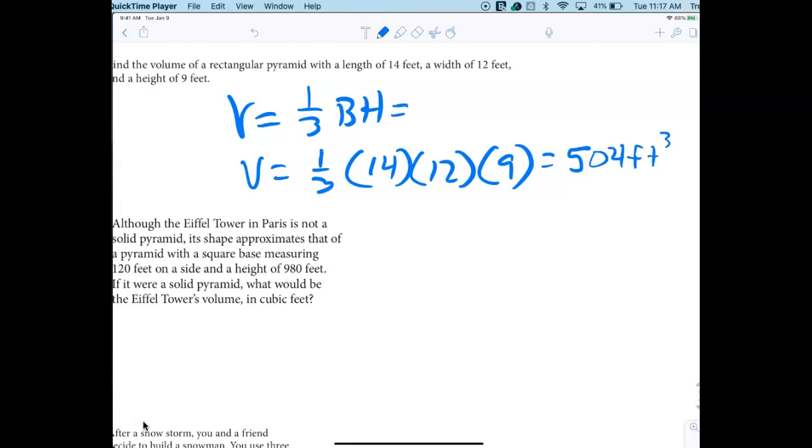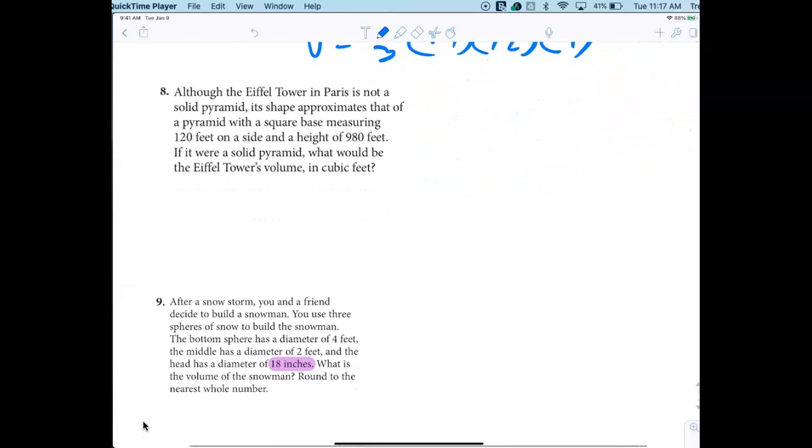Now here we have the Eiffel Tower in Paris, which is not a solid pyramid. Its shape approximates that of a pyramid with a square base measuring 120 feet on the side and a height of 980 feet.